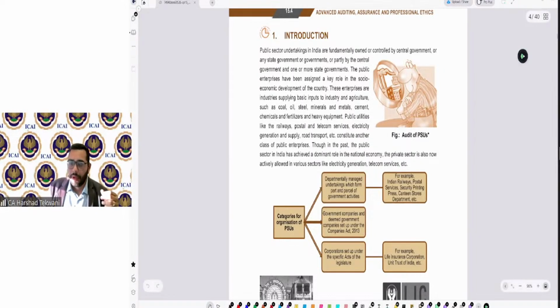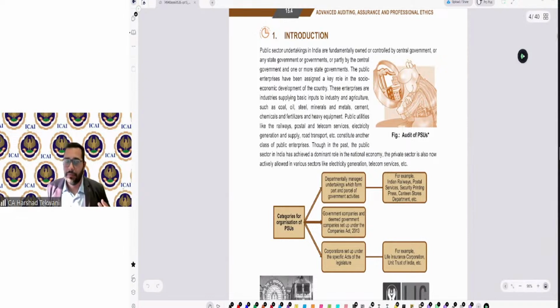Now, coming to why we as chartered accountants need to understand this. As I told you, there are multiple stakeholders. We need to understand the requirements of each individual stakeholder, so that whenever we are auditing in any form, or contributing with someone else in the audit of a public sector undertaking, we are aware of our roles and responsibilities and what the expectations from us are.